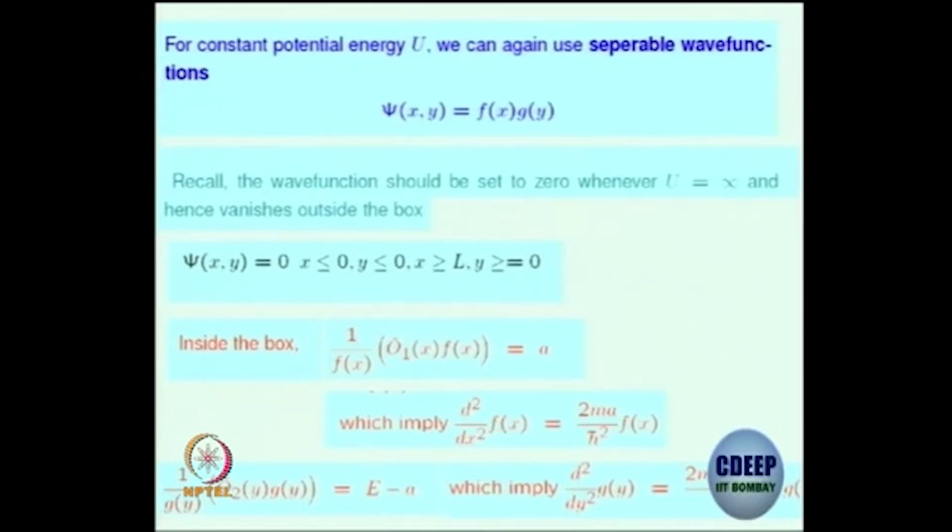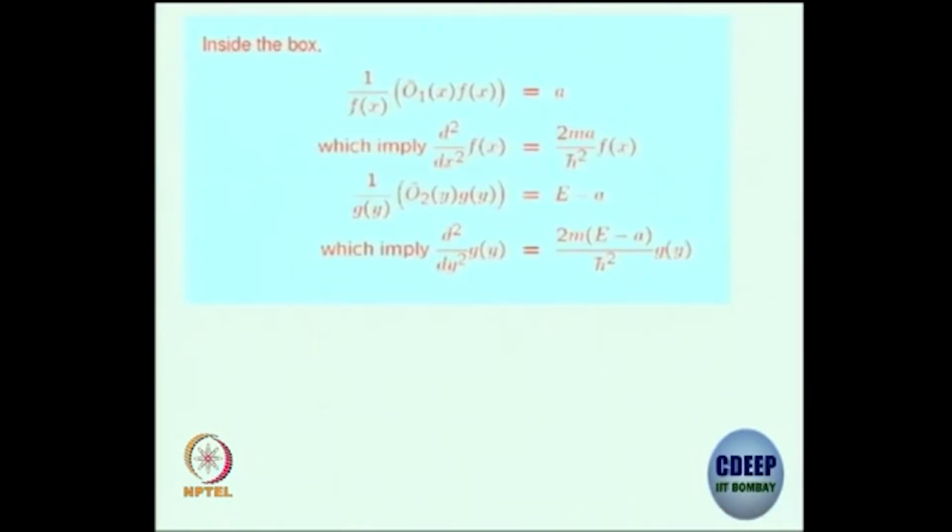All of you are with me? Okay, just to summarize, so these are the set of equations. The formal operator equation is written, the explicit form is given in the second line, and then you have a formal operator equation for the y dependence, and the explicit differential operator is given in the second line.